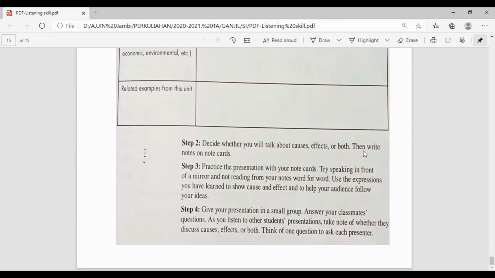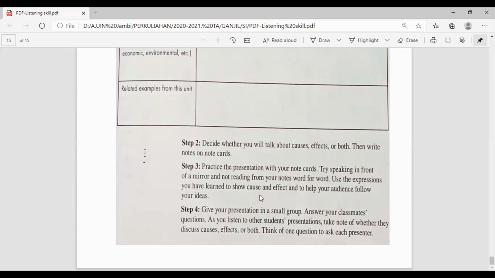The point is to practice writing notes. After that, practice the presentation with your note card. Try speaking in front of a mirror and not reading from your notes word for word. Use the expressions you have learned to show cause and effect and to help your audience follow your ideas.